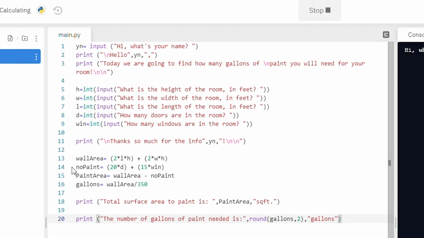And then down in the second half of the program, we are filling the variables in for the calculation. So for the wall area, we use the area code to find out how much space we're going to be covering, which is 2 times the length times the height, then 2 times the width times the height.